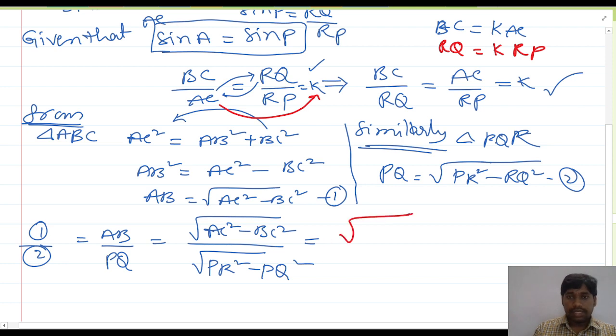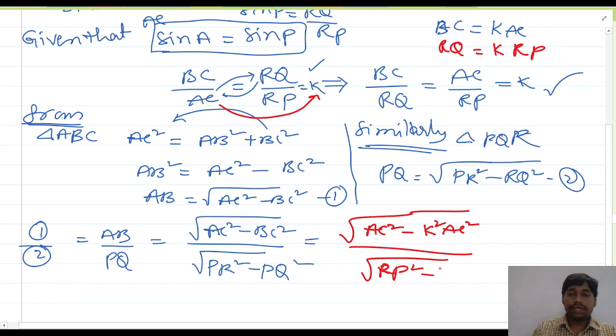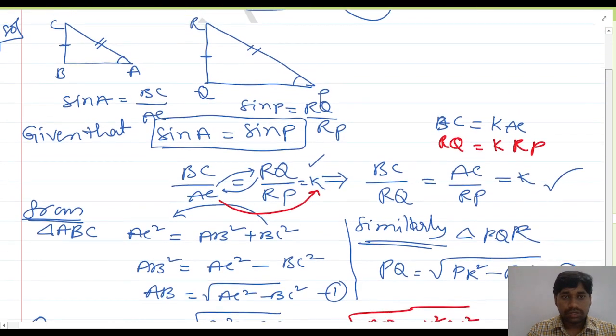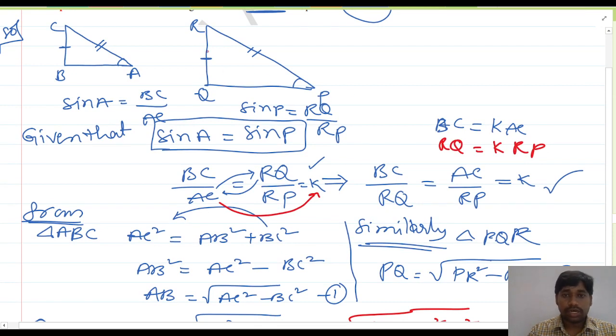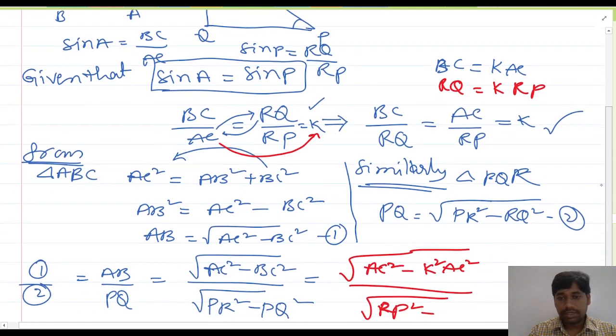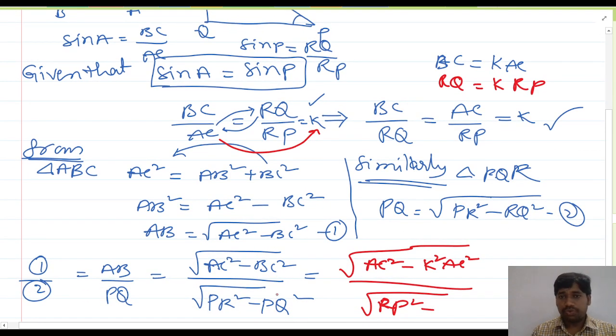So BC is K AC, meaning K square AC square, by the square root of RP square minus RQ square. One moment please, let me check. Sine is opposite by hypotenuse, so RQ by PR. Yes, it's correct.